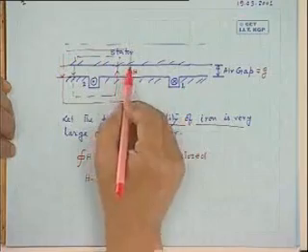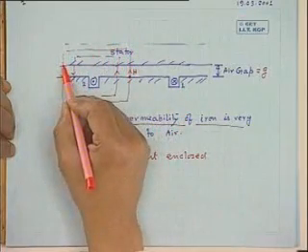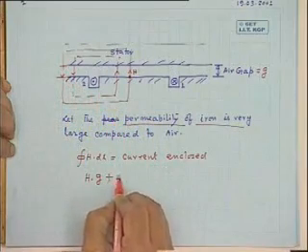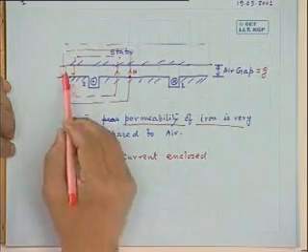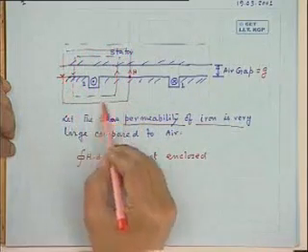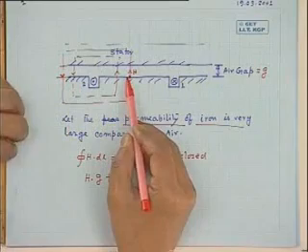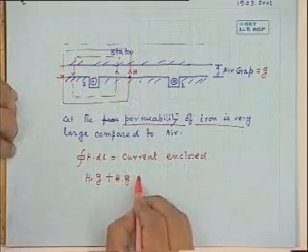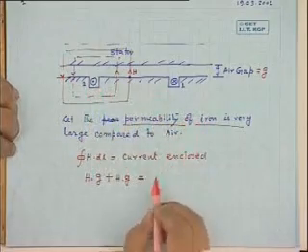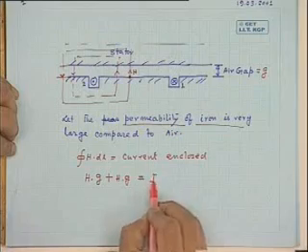No drop of MMF takes place. And then from this to this, there will be no MMF drop. Then once again from this to this, there will be another H into G. The direction is the same, this arrow. And from here to here, no MMF drop is taking place. So this should be equal to the current enclosed, which in this case, if it is a single turn coil, is I.